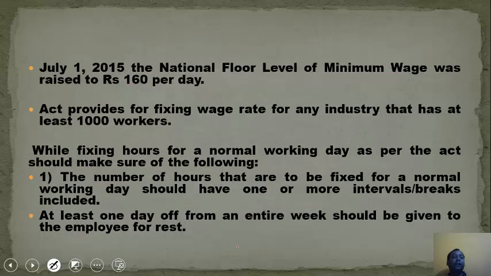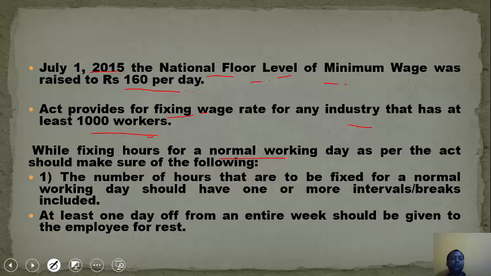Now coming to this year, July 1, 2014, the national floor level of minimum wage was raised to rupees 160 per day. This act provides for fixing wage rate for any industry that has at least 1,000 workers, while fixing hours for a normal working day.